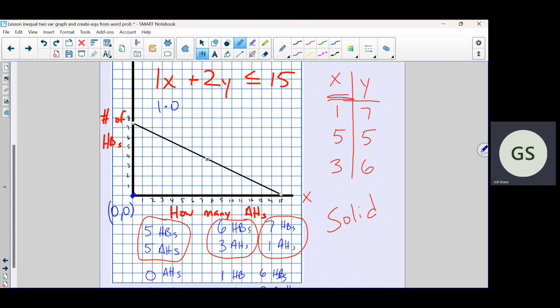I have to test a point not on the line. It's got to be on one side of the line or the other side. Plus 2 times 0. And then I need to see, is that less than or equal to 15? Will that be a true statement when I do the math? Well, pretty easy math on that side. That's why I picked 0, 0.